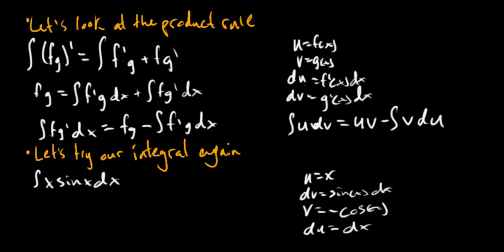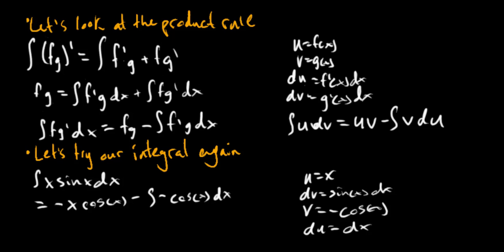Let's plug this into our integration by parts formula. So we know that the integral of u dv is going to be equal to u times v, so that is just going to be negative x times cosine x minus the integral of v du. So we said that v is equal to negative cosine of x and du is just dx.